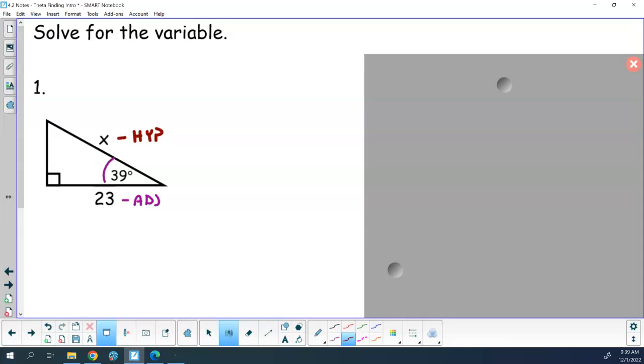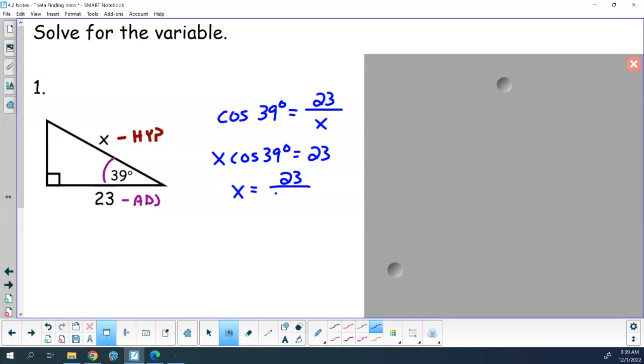So the cosine of my angle is going to be the adjacent side divided by the hypotenuse. So we got that.